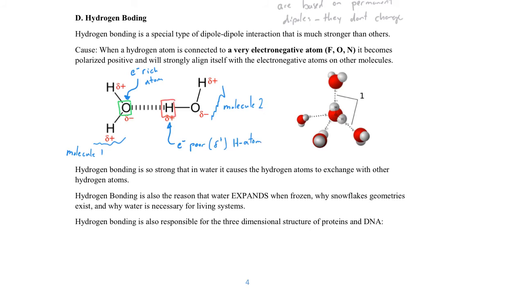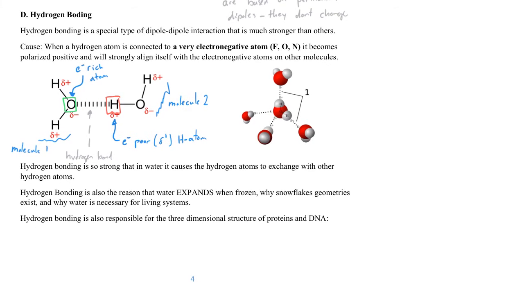Now, in the case of hydrogen bonding, it's a specific type of dipole-dipole interaction. It's the attractive force between a delta positive hydrogen and a delta negative atom of some kind. Those atoms can be fluorine, oxygen, or nitrogen. This is called a hydrogen bond.